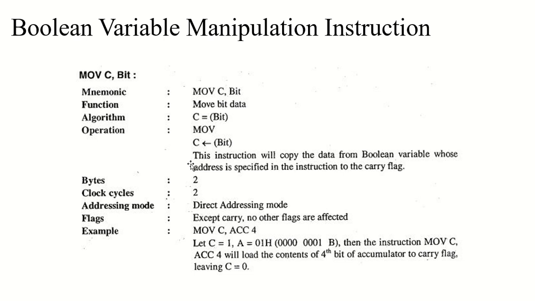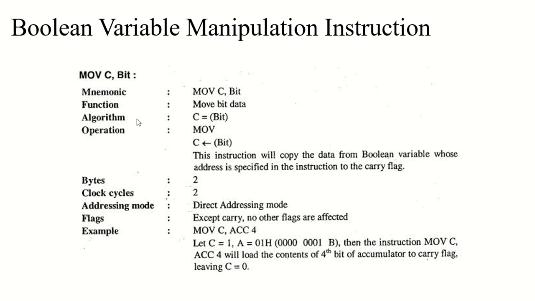Now see what is the fourth bit of the accumulator when you convert 01H into binary. You have to convert it into 8 bits, because the accumulator is an 8-bit register. So what you will get? 7 zeros and 1, because it is containing 01H. So what is the fourth bit? Counting from here, you will have 0. So you will be left with carry equal to 0.